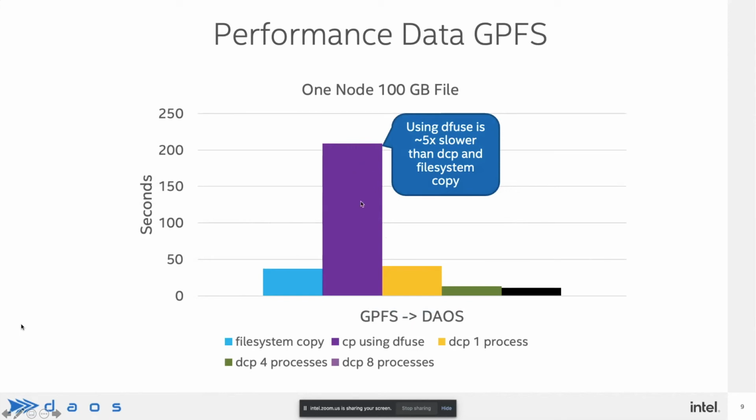As you can see, you get quite a bit of a slowdown using dfuse versus using another single process tool where you can specify the pool and container directly, which is going to be faster than using the dfuse path. Going from 1 to 4 processes, you get about 3 times faster, but going to 8 for this size file really doesn't help much.